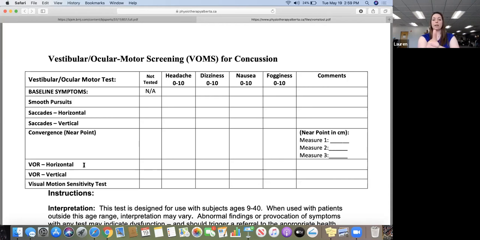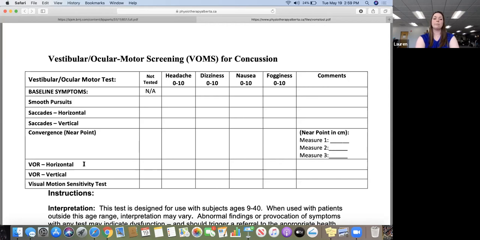Say I turn my head to the right and my eyes went to the right, that would be an impairment in my left VOR. So it would be a right eye slip with a left corrective saccade. Does that make sense?